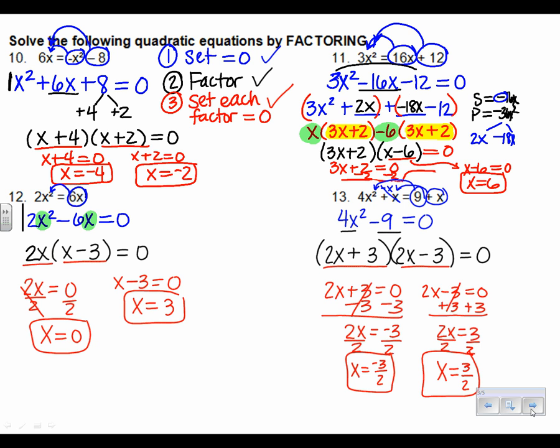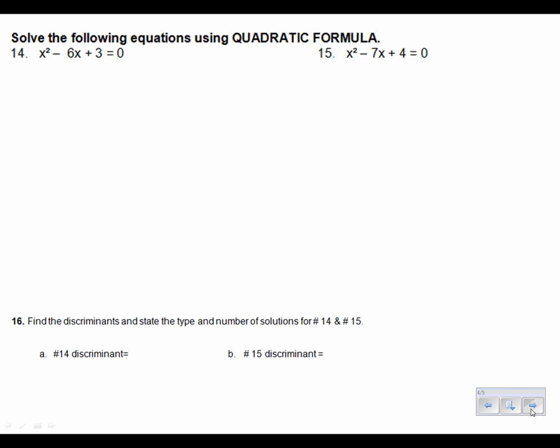Okay, last section of the retest review is solving using the quadratic formula. And in order to use the quadratic formula, you still have to have your equations set equal to 0. In number 14 and 15, I got lucky. They actually both are set equal to 0. So I can proceed.